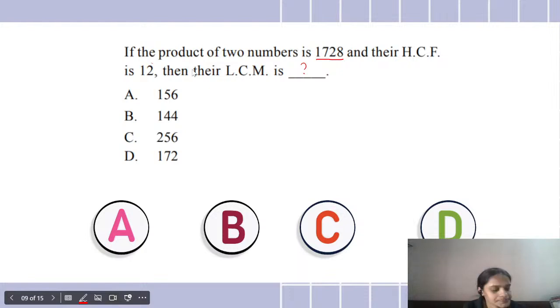We have a formula which will help you all find the answer quickly. So let me write it down. The relationship between the HCF and LCM of two numbers goes like this: HCF multiplied by LCM equals the product of the two numbers.